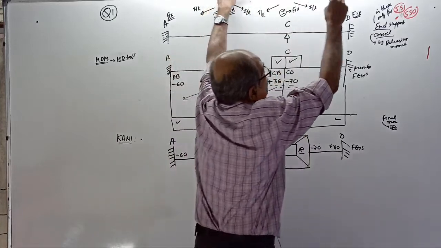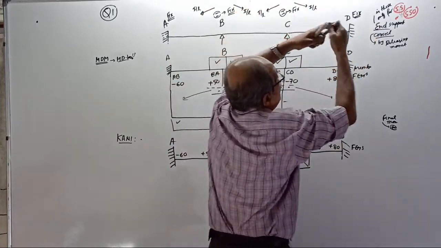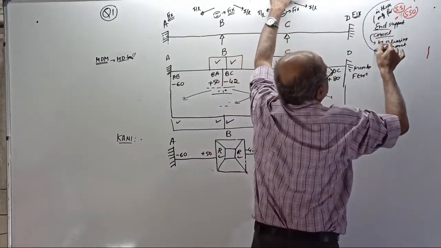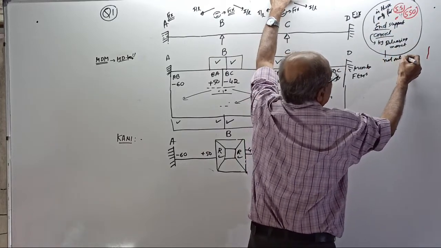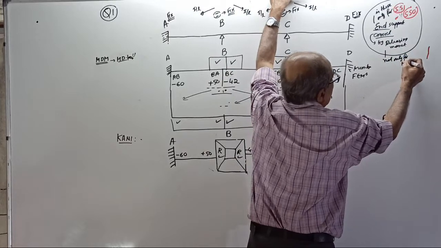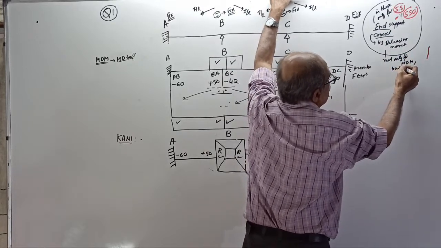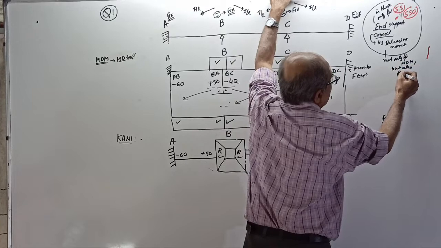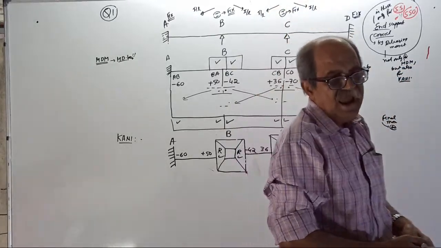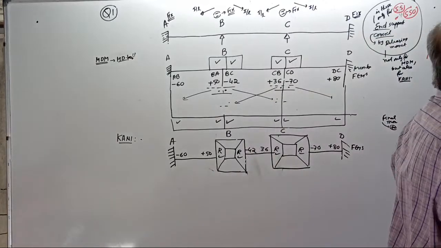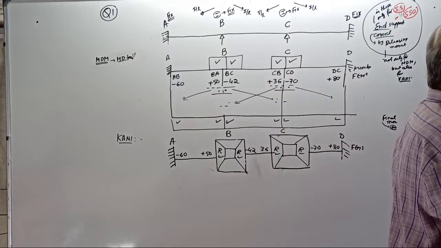So what end correction is there? This is not only for the MD method, but also for Kani's method. The end correction is not only for the MD method, also for Kani's method.